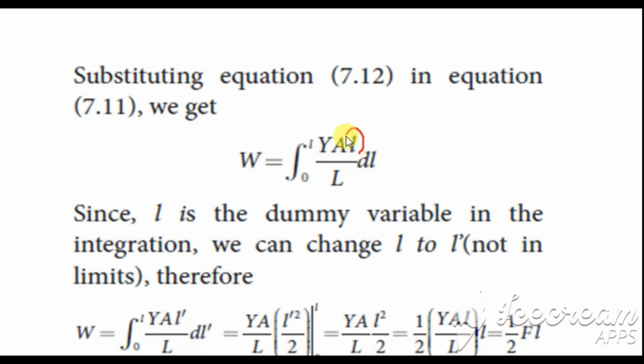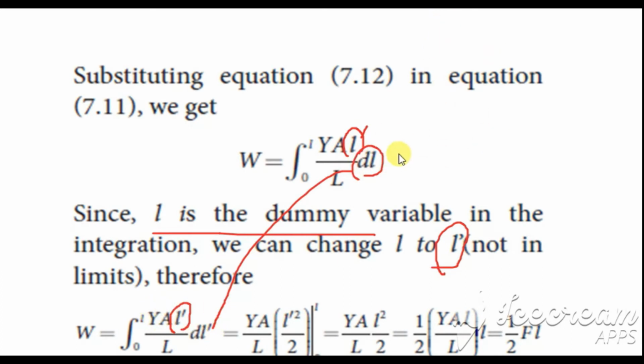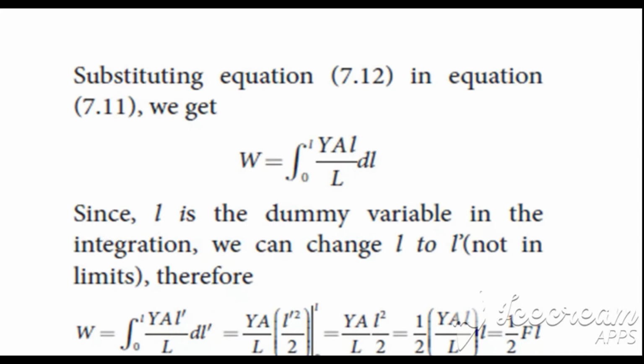Now instead of this l and dl, we write the variable as l dash, and in the last step l dash will be written as l. So we get the integral of YA l dash divided by L into dl dash.